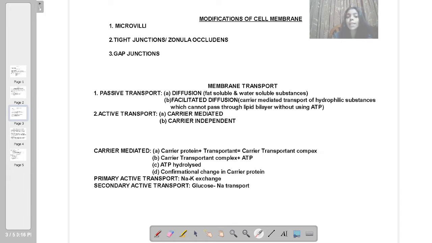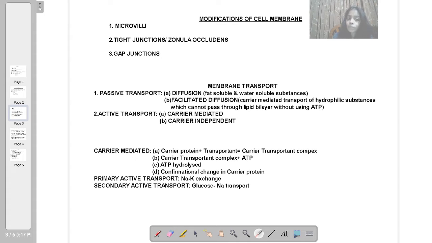So as you can see, I have already shown over here, the first modification is microvilli. Now these things are important when you are aspiring for some kind of competitive examinations. It can be your NTSE, the National Talent Search Examination. It can be your medical entrance examination, that is NEET.